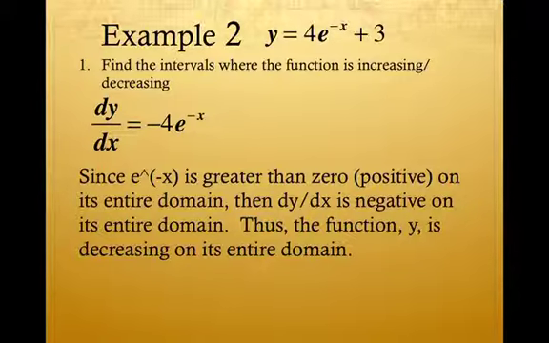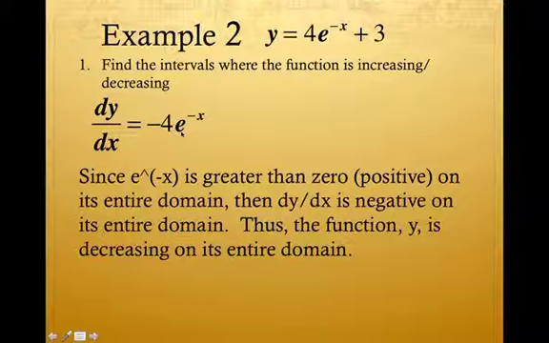where is it increasing? Find the first derivative, and we've got a situation here where we have to evaluate what's going on. Since we know that this portion of it, e to the negative x, is always greater than 0. So remember your graph, it looks like this, right? It's always greater than 0. It's always positive.